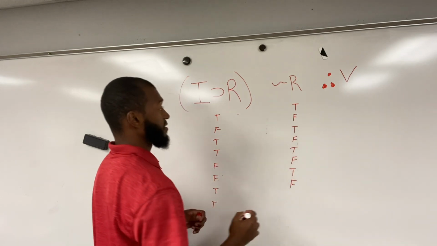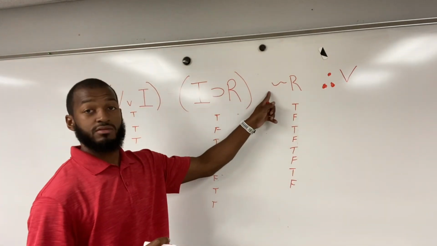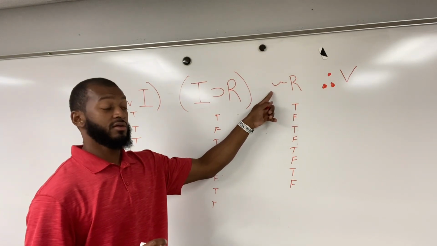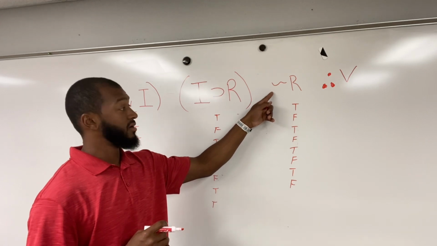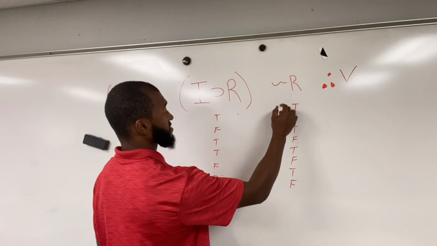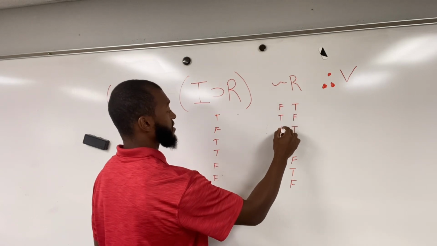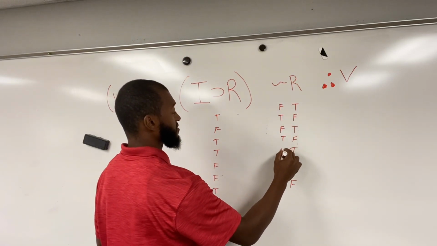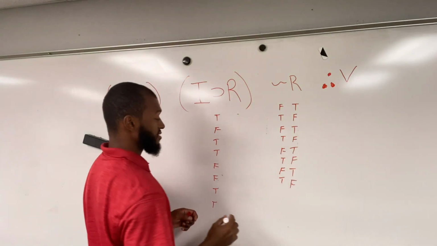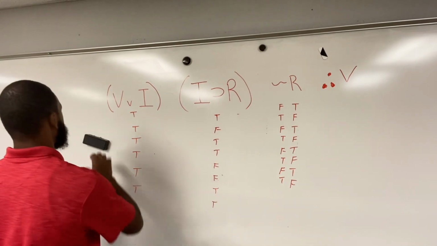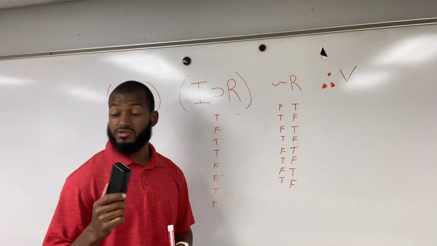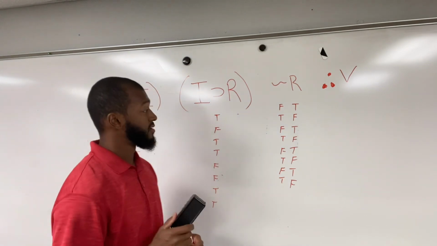All right, negation. What's negation? I take the opposite of what's here. That's all you need to know about it right now. So this is a false, that's a true, that's a false, true. Now what I need to do with this eraser is erase the side.